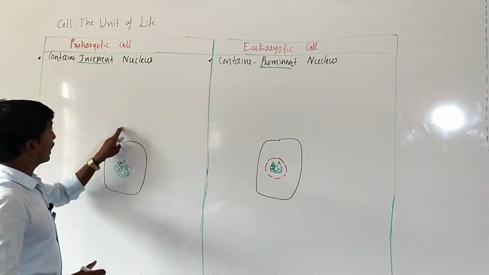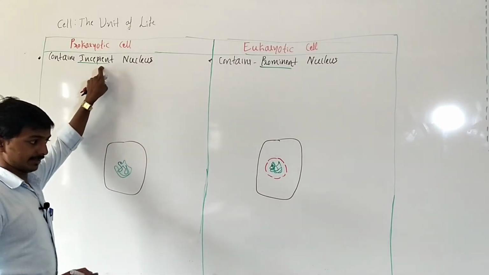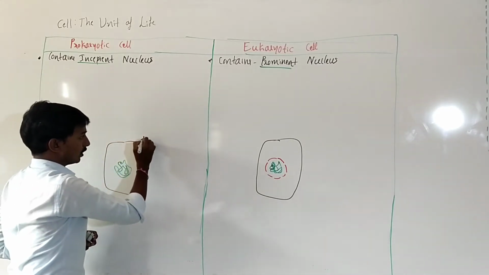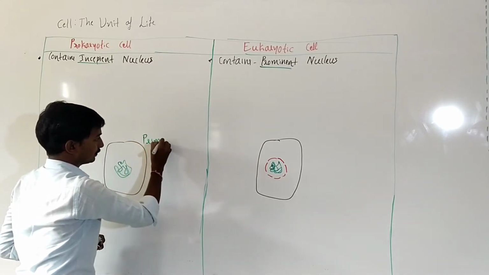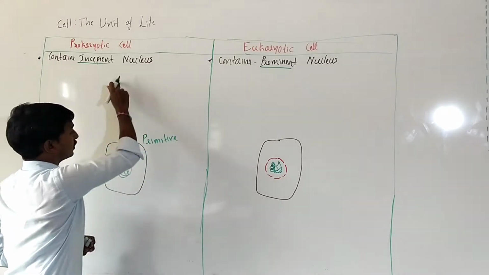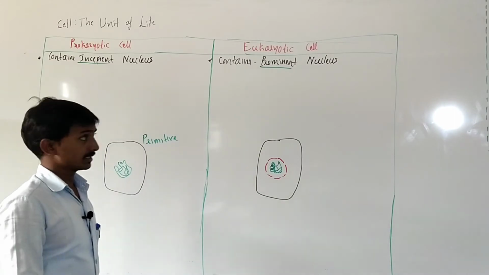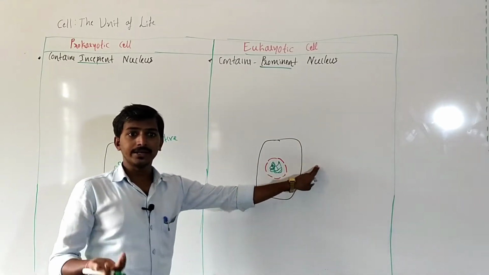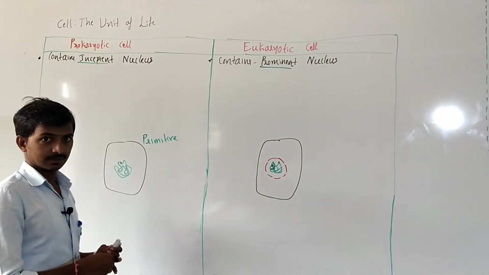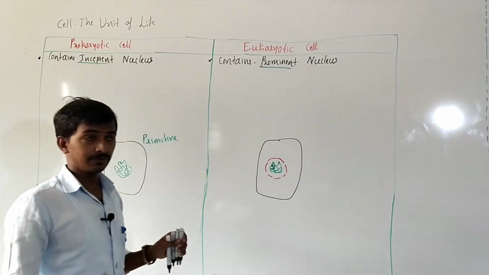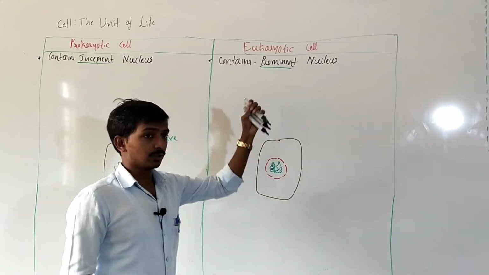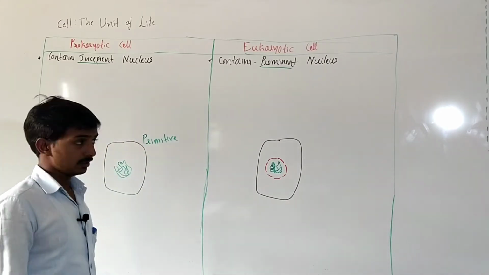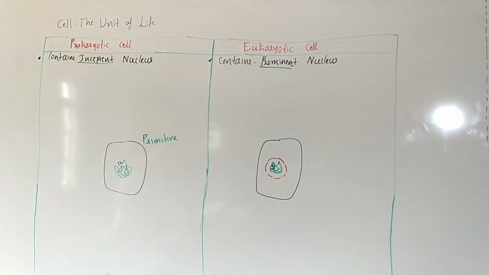Hence it is known as an incipient nucleus or primitive nucleus. Here, a prominent, advanced or well developed nucleus. This is the basic difference between prokaryotes and eukaryotes. So moving on to the next difference.